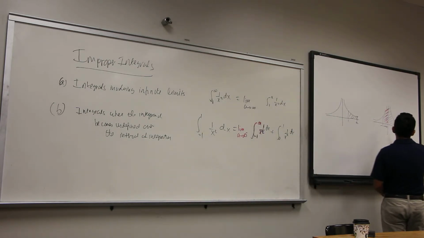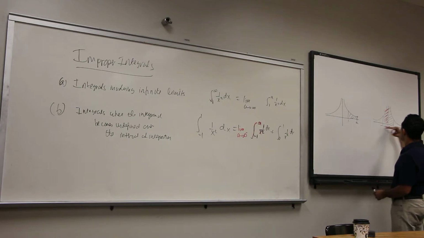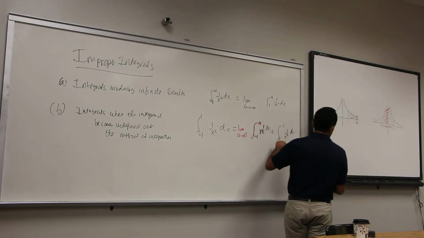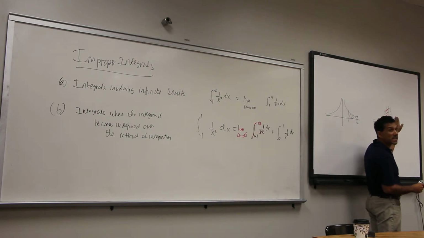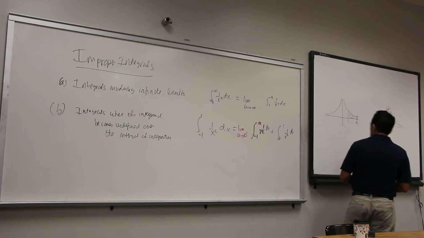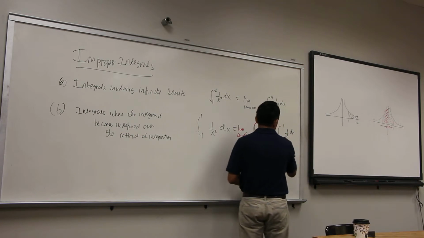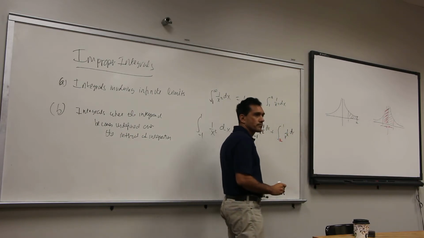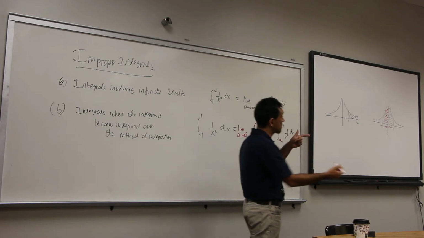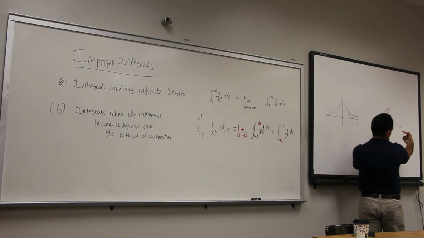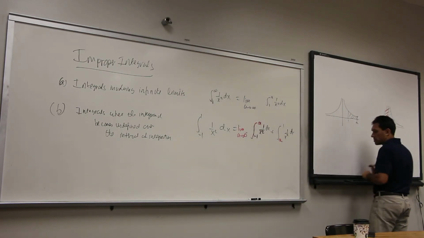You would integrate from 1 to some number a, slightly bigger than 0, and then let a approach 0, but from the right.